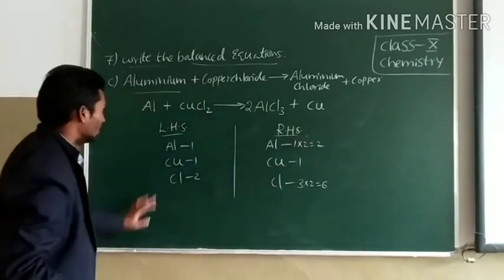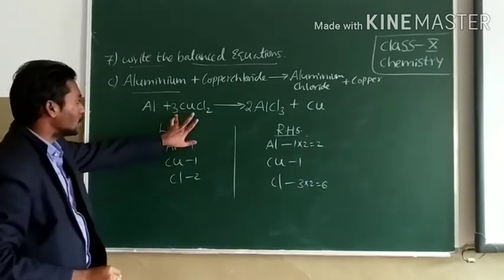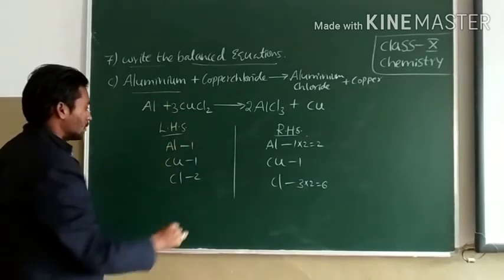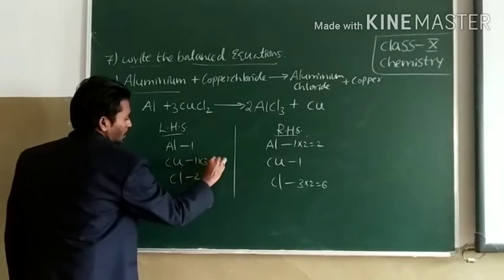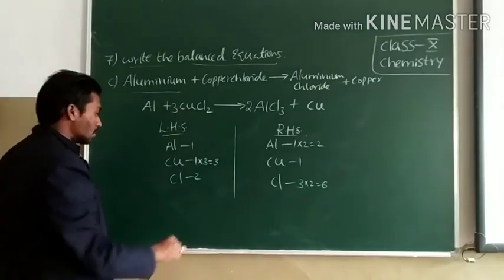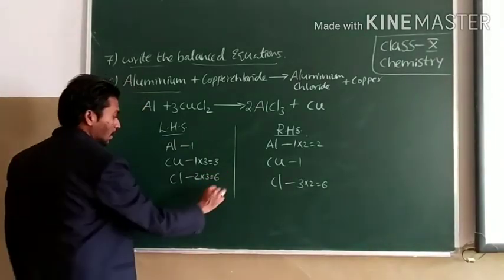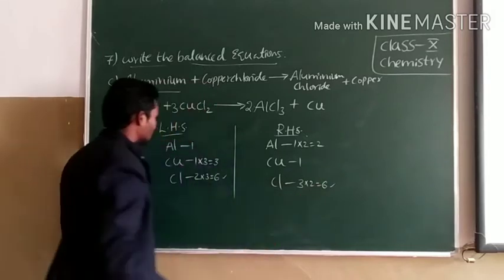Copper atom is 1. Next, write 3 here. 3 copper atoms on LHS side. 1 into 3 is equal to 3. And 3 2s are 6 chlorine atoms. Here chlorine atoms are balanced.